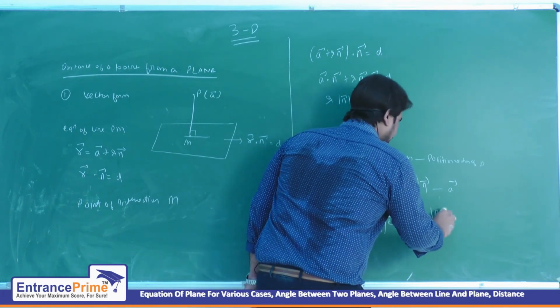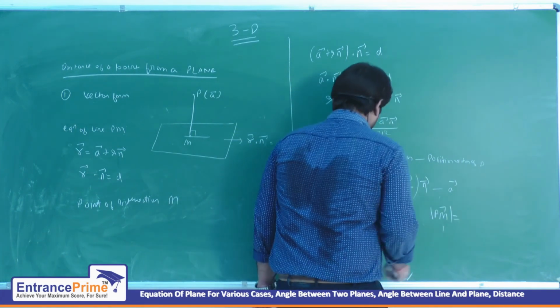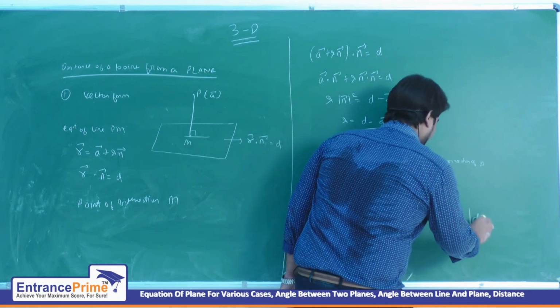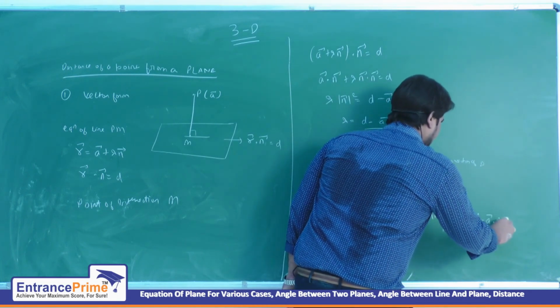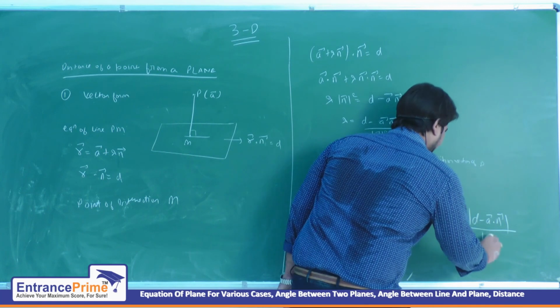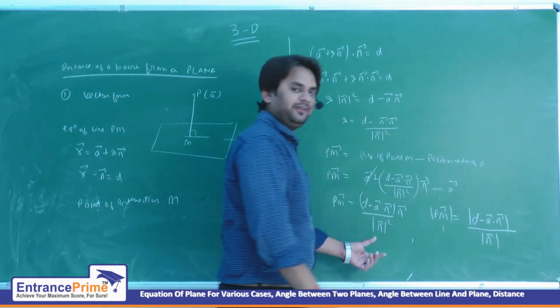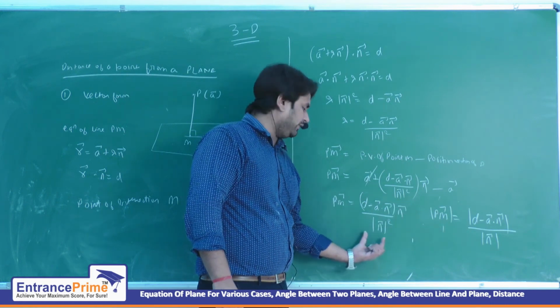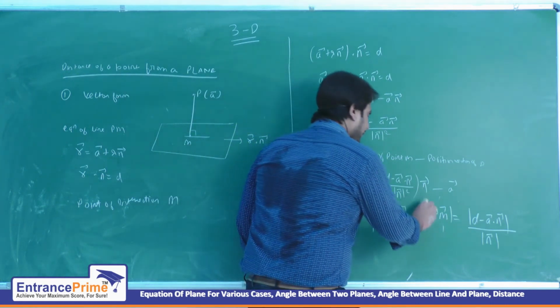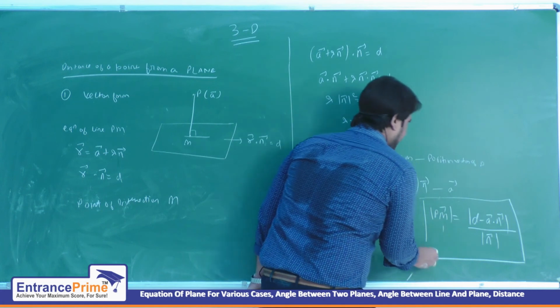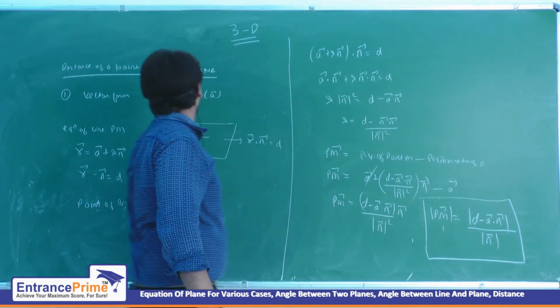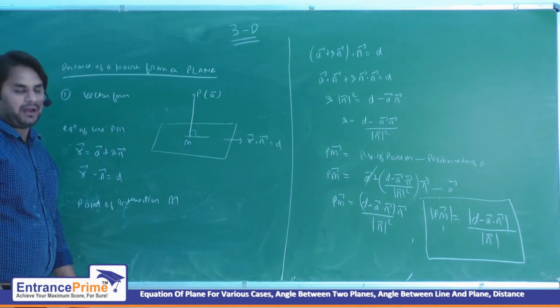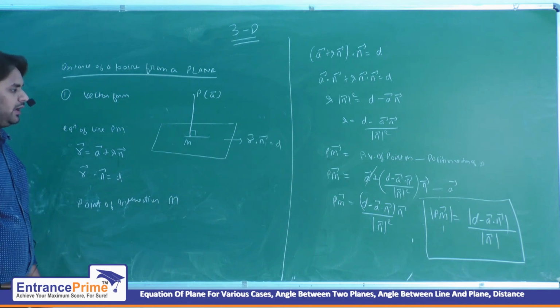So magnitude of PM will be equal to magnitude of D minus a vector dot n vector divided by magnitude of n, because when we are taking magnitude, it will become magnitude of n. So magnitude of n will cancel out with the magnitude of n. So this is the perpendicular distance of P from the plane, या फिर हम बोल सकते हैं distance of a point from a plane in vector form. Okay, note it down.